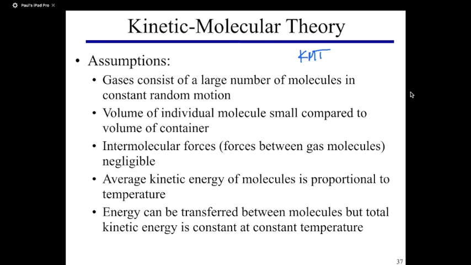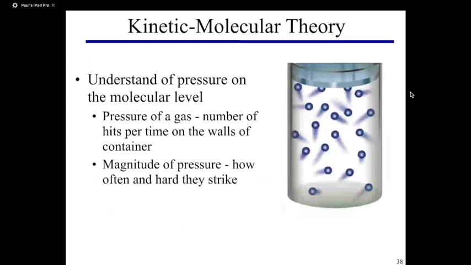Okay, if these things are true, we think of a gas as being this: small little molecules roaming around inside a container, bouncing off the walls, doing their own thing. Okay? And they are in constant motion. So if I think about pressure, pressure would be then this: how often and how hard the molecules hit the side of the container.